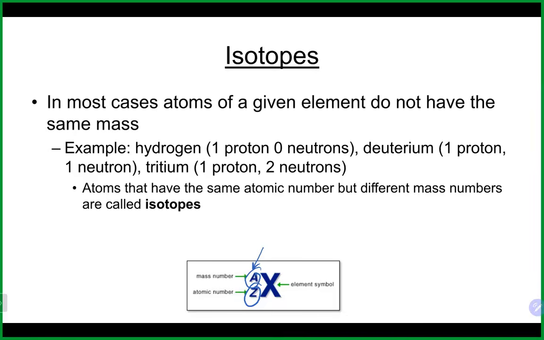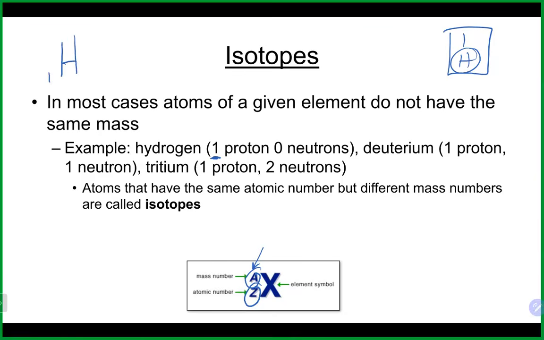So if we were going to write the symbols for each of these, this is how we would do it. The most important thing to know which element we're dealing with is the number of protons, right? So I see 1 proton for hydrogen. If I'm not sure what that is, I go to the periodic table. I find number 1, and it shows me that the symbol there is hydrogen, which is H. So that is what I would write.